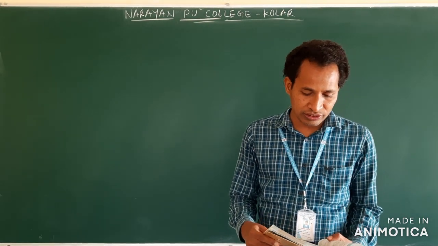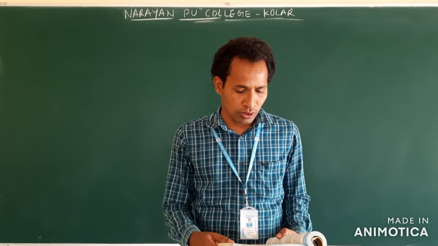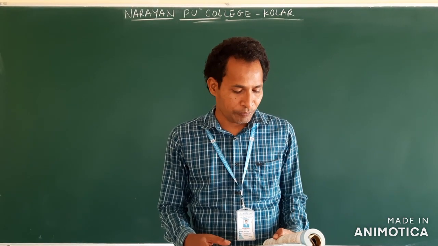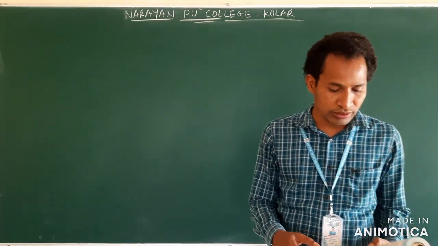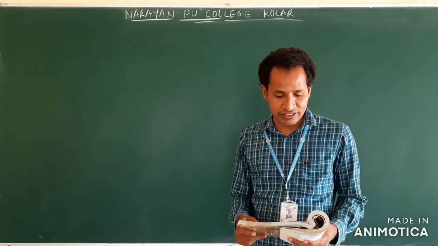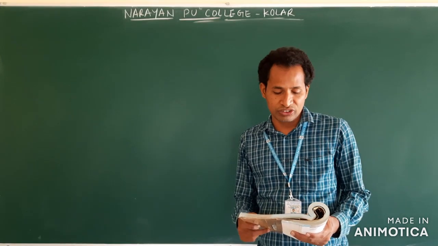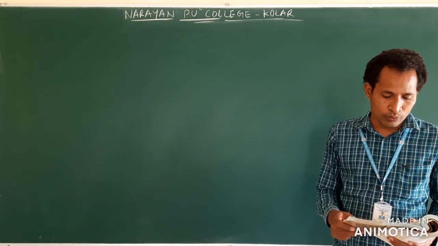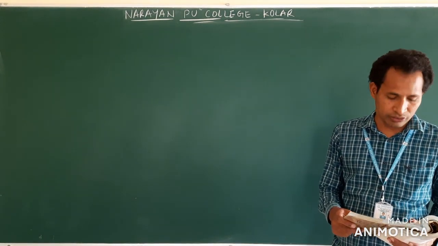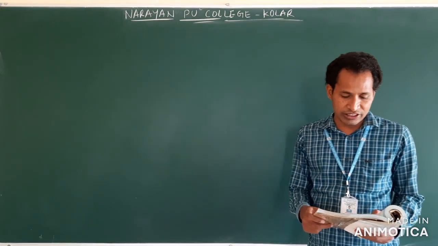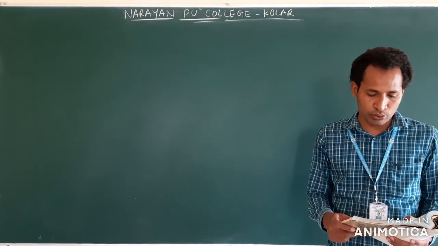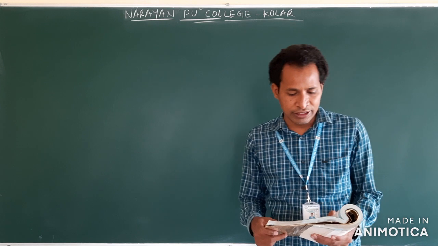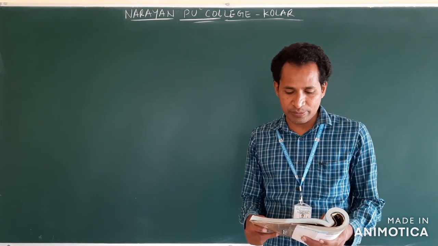A 100 turns closely wound circular coil of radius 10 cm carries a current of 3.2 ampere. What is the field at the center of the coil? What is the magnetic moment of the coil? The coil is placed in a vertical plane and is free to rotate about a horizontal axis, which coincides with its diameter.